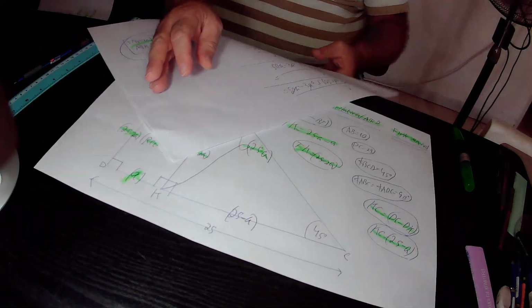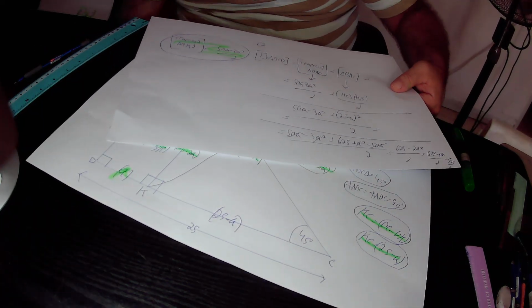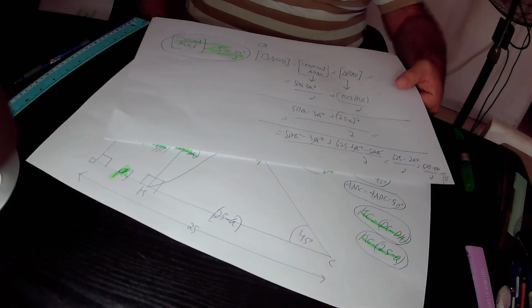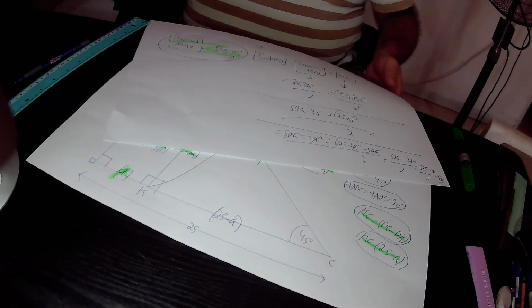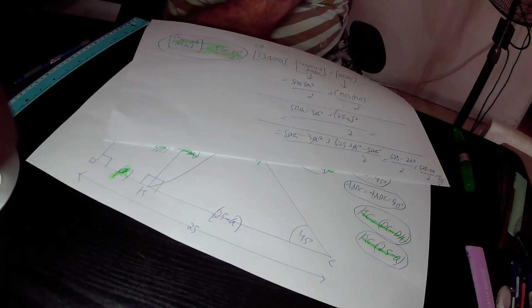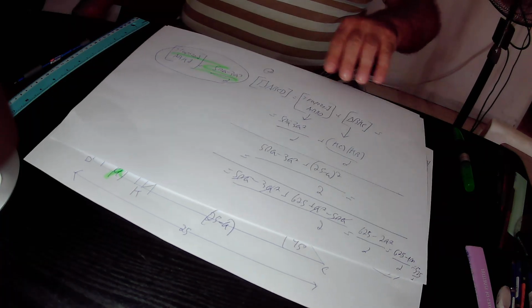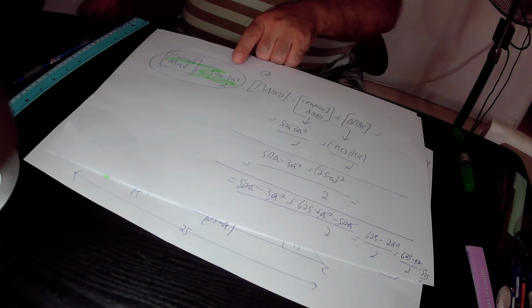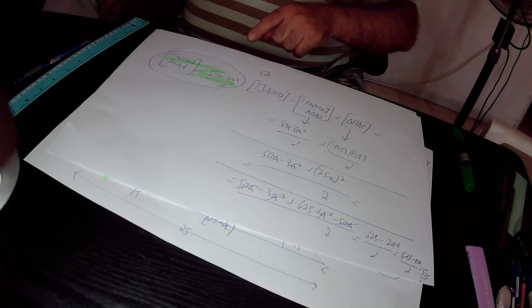Again, we found that the area of trapezoid ABKD equals 50A minus 3A squared over 2.